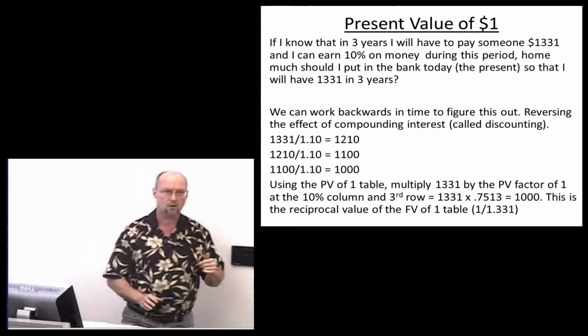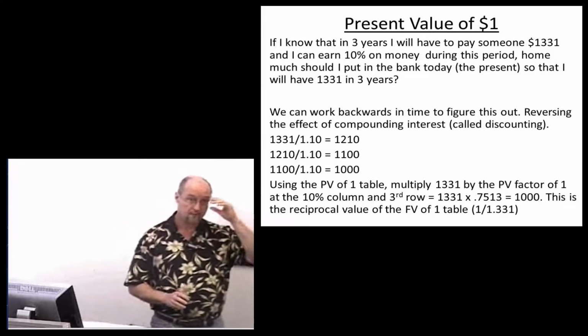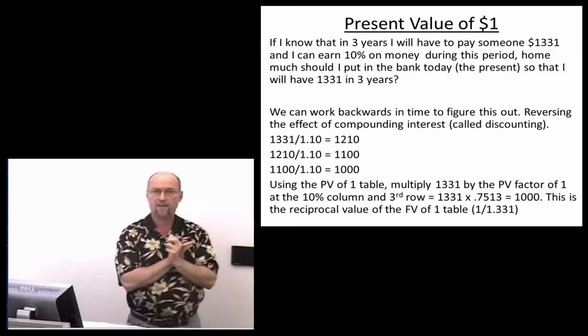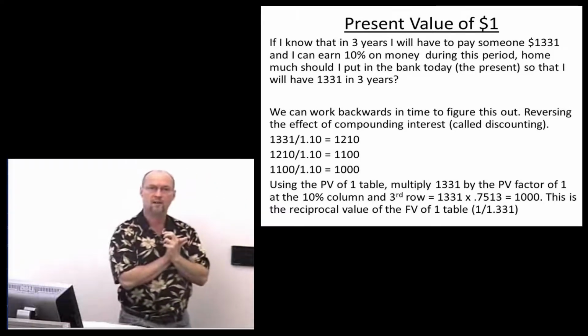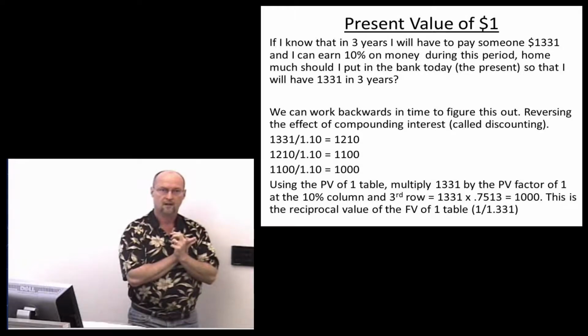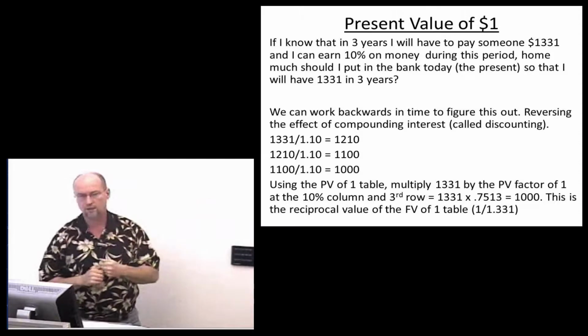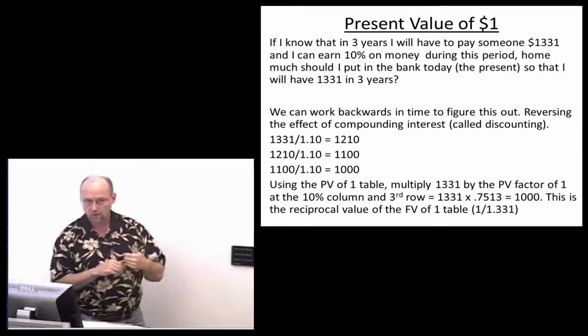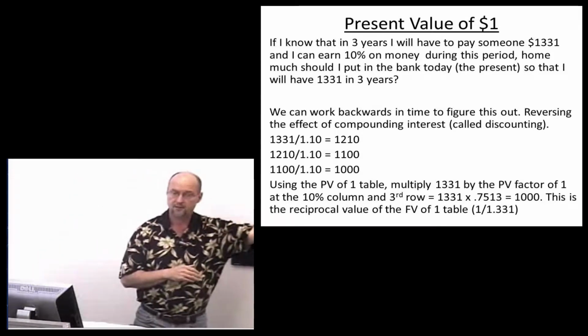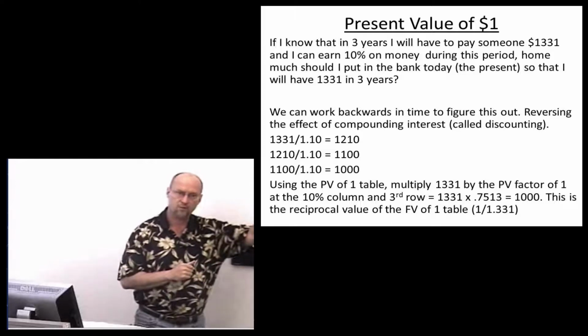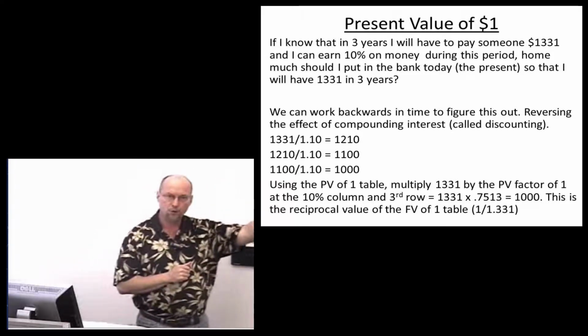If I know 3 years from now I'm going to need $1,331, what would I need to put in the bank today, assuming I can earn 10%, so that 3 years from now I would have $1,331? Now what we're doing is we're taking a future amount.